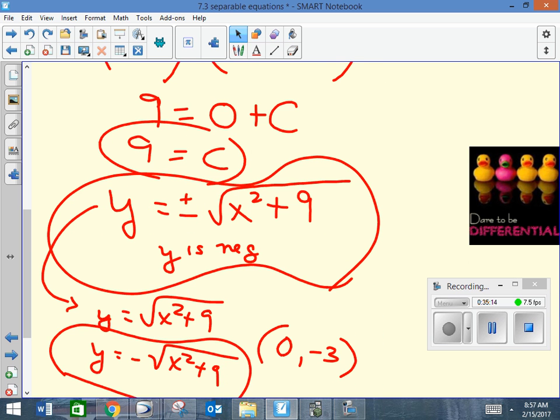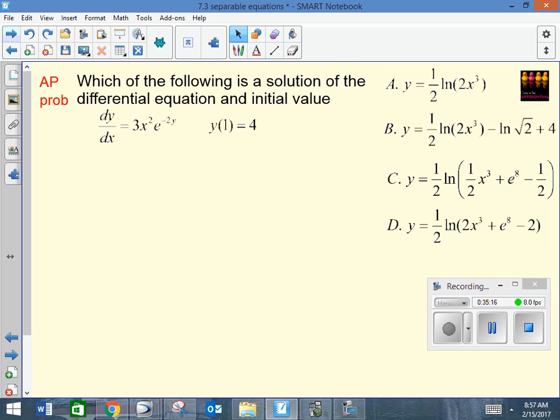All right. Now, this last one is from the non-calculator part of an AP test that I picked up. I don't remember what year it was. It is intense. Those are your solutions, your choices, A, B, C, D. There's your DiffyQ over there on the left, and your initial value y of 1 equals 4.